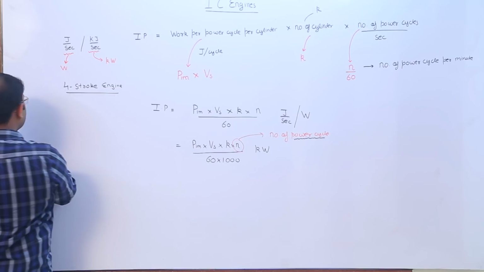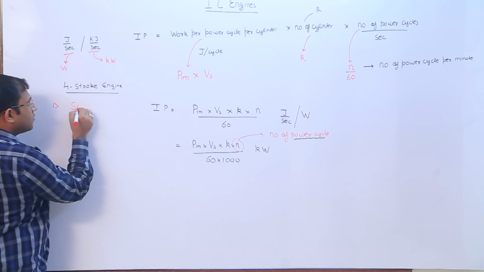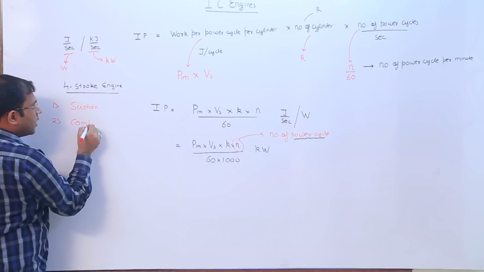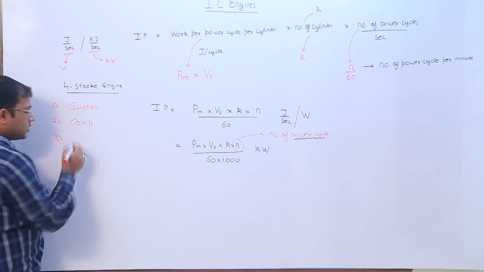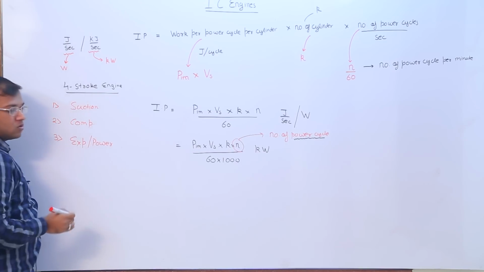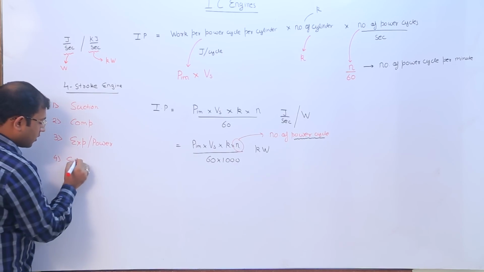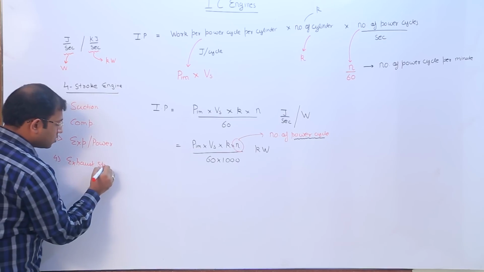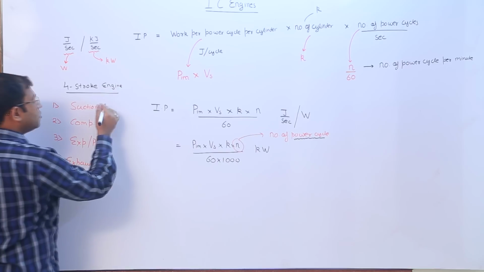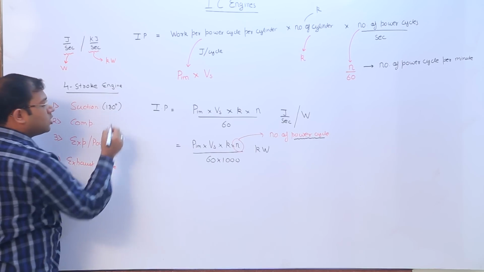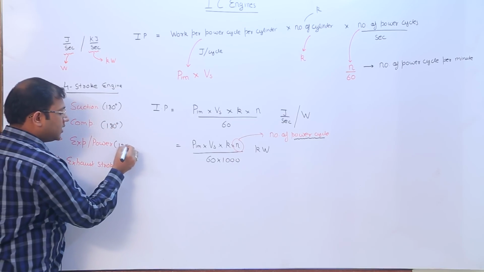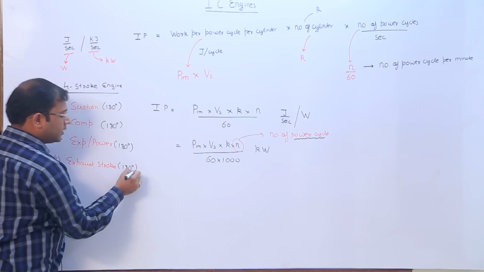Now, in 4-stroke engine, first stroke is that of suction, the second stroke is compression, the third stroke is your expansion or power stroke, the fourth stroke is your exhaust stroke. And we know that each stroke constitutes of 180 degree of crank rotation. This is again 180 degree, 180 degree and 180 degree.